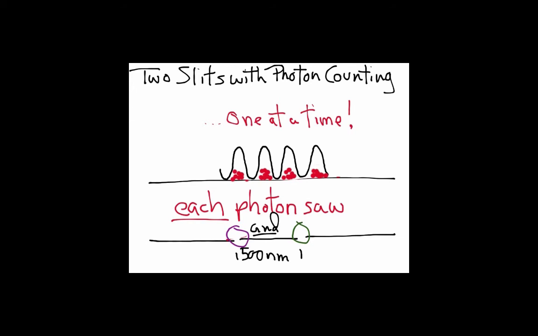And if you send individual sodium atoms, which once again you count one at a time using a detector, through very narrowly spaced slits, you see exactly the same thing. So not only are photons waves interfering with themselves as they go through the two slits, while also being single objects that you can count one at a time, but sodium atoms will do the same thing.